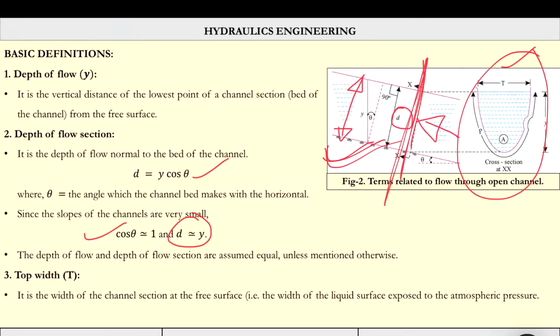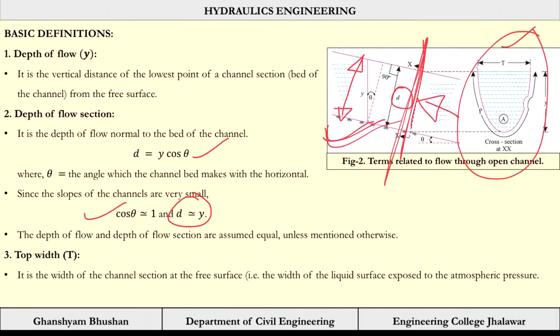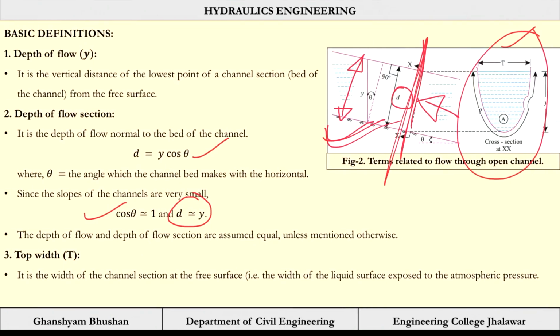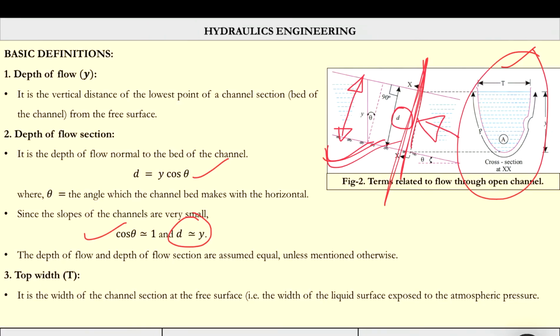Next is your wetted area. It is the cross-sectional area of the flow in the channel section. You can see here this whole section is wetted. So this is your A.